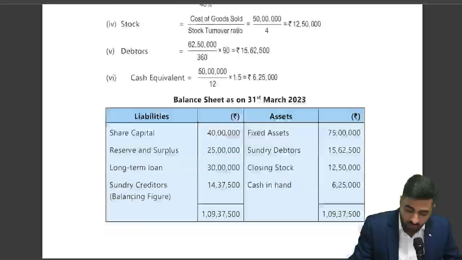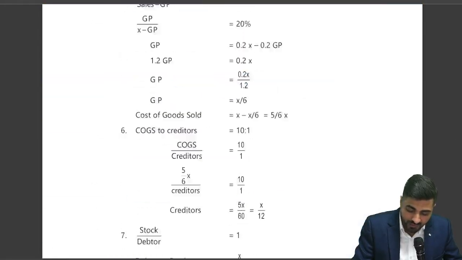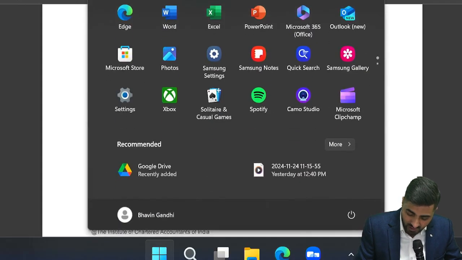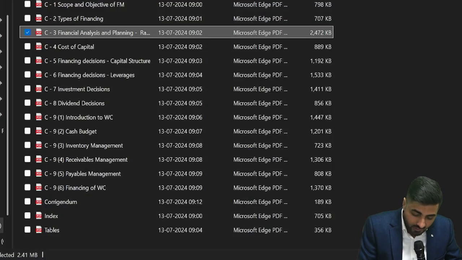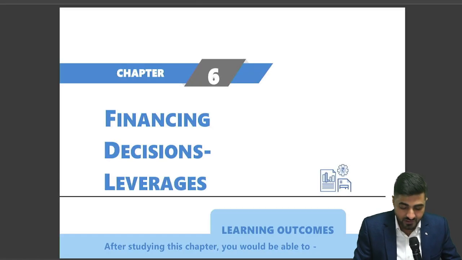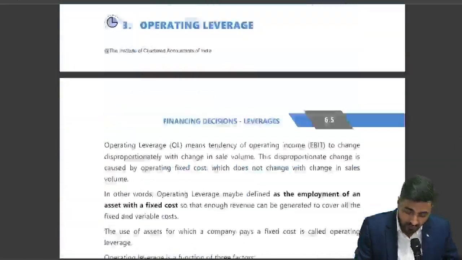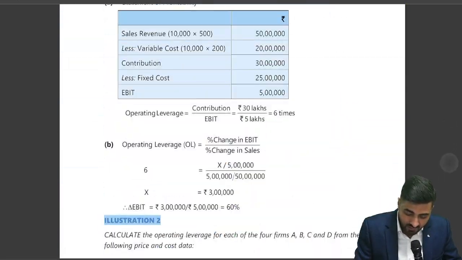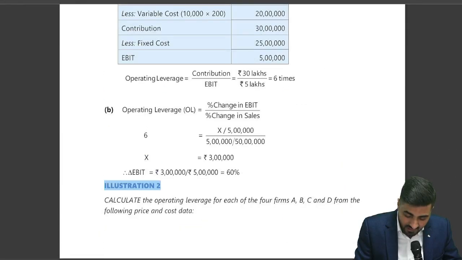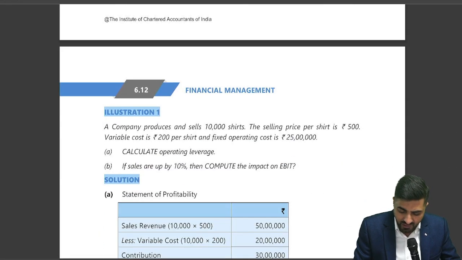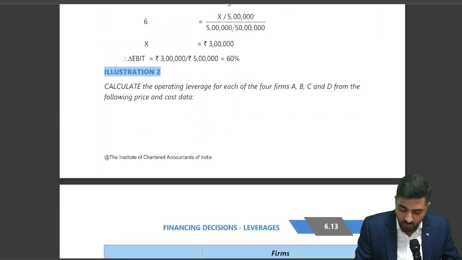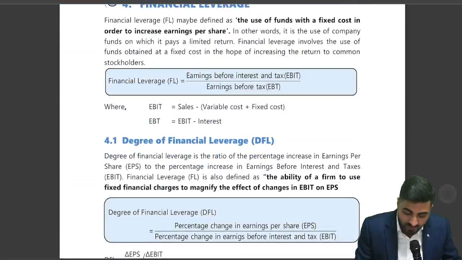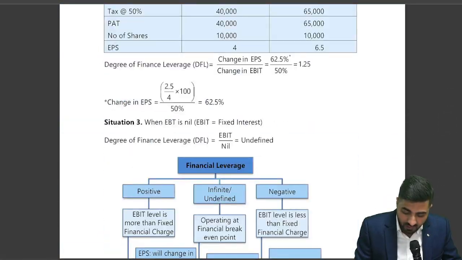If I come to now the study module part, there are some leverages. They are the first illustration. They are required to calculate the leverage. The second part also very much manageable.